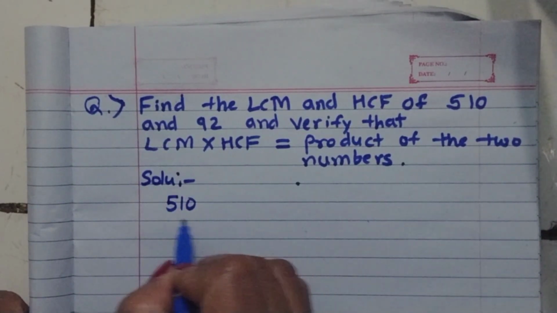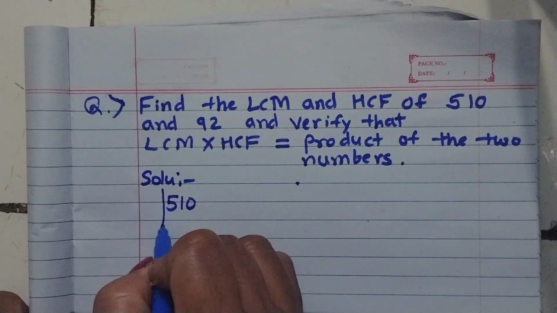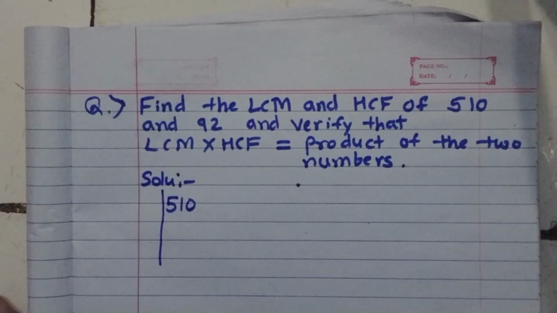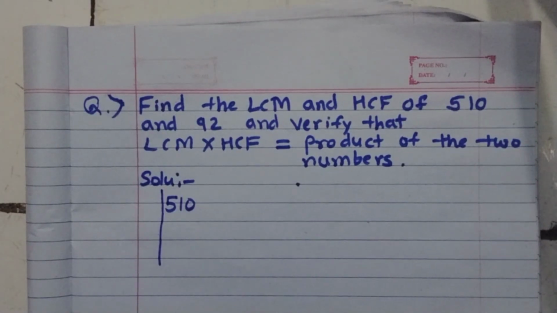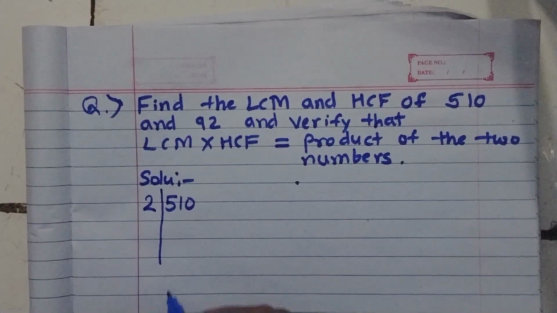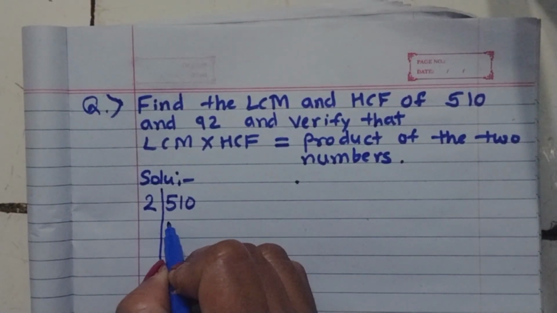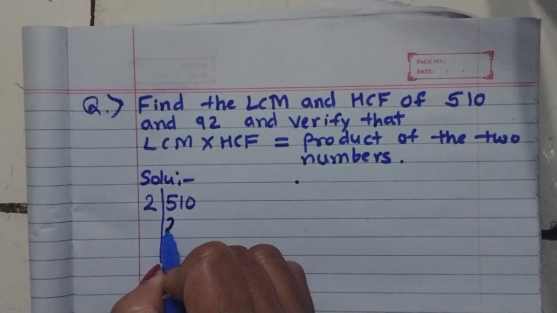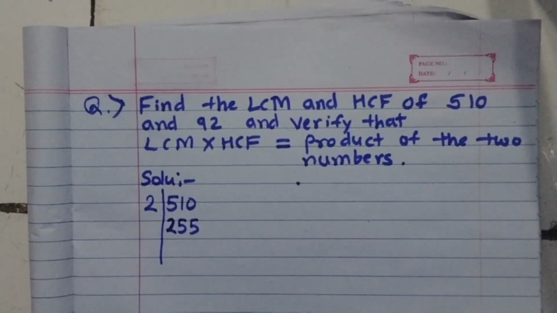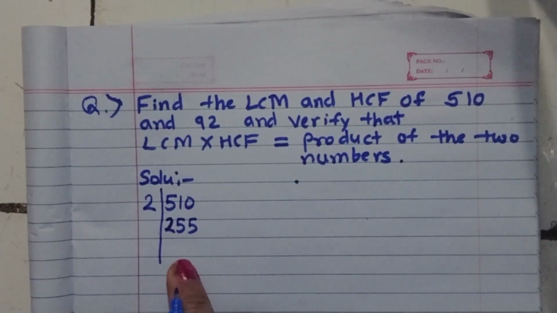For this we write 510, draw a vertical line like this. We start from the smallest prime number, which is 2. When 510 is divided by 2, we get quotient 255. So we write 255 below 510.